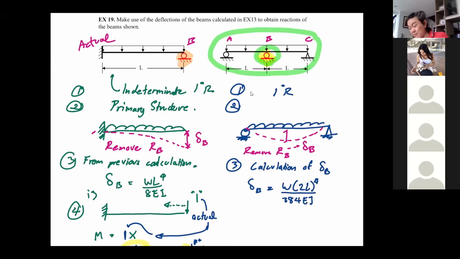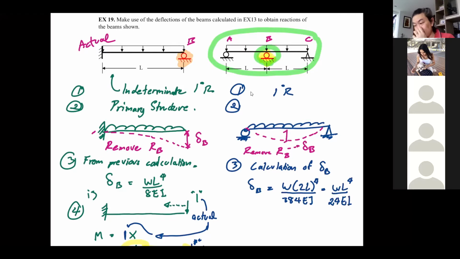I believe that comes down, 2 to the power of 4 is 16, right? So 384 divided by 16, that's 24. So we have WL to the power of 4 over 24 EI.